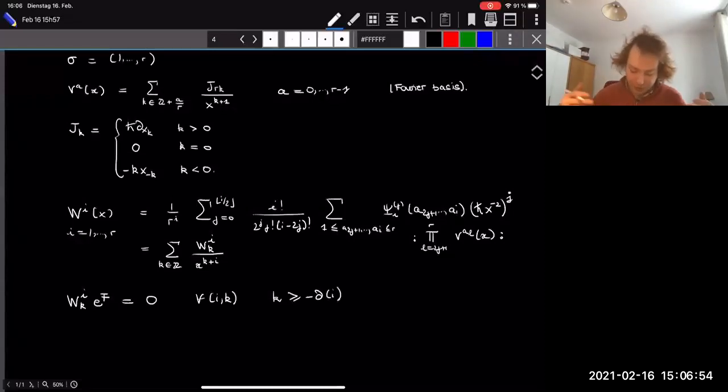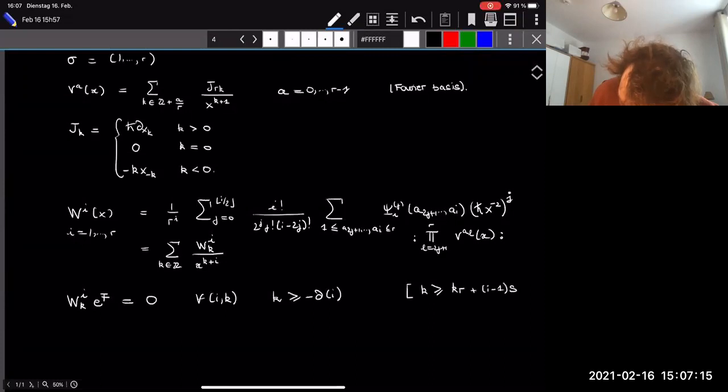And in the Airy structure I constructed, in fact, we had that k was bigger than some bound depending on R and i, when I needed R to be congruent to plus or minus 1 modulo R.